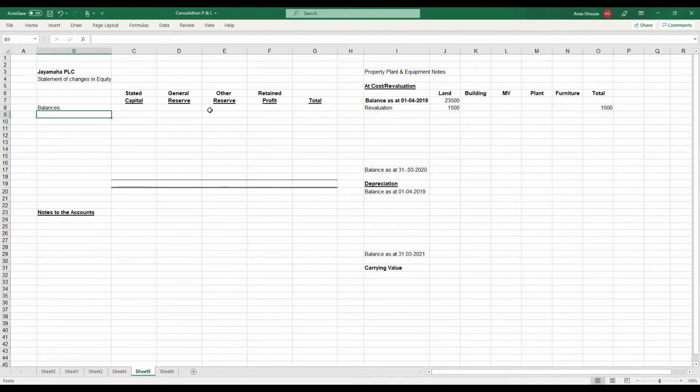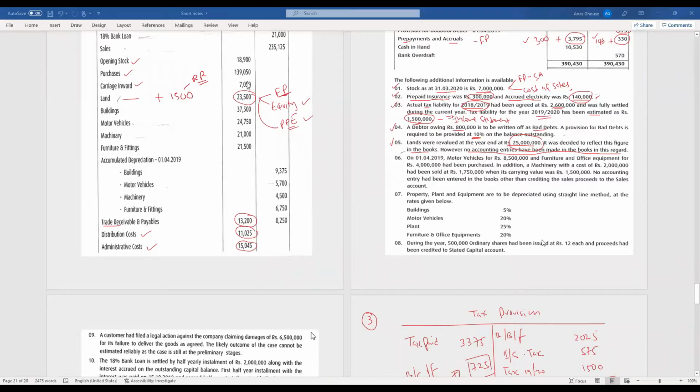We can take revaluation of land. Here we have other reserves. We can change it to revaluation reserve, 1.5 million, and the total also 1.5 million. Okay, for the time being, we'll update these sections with regard to that note number 6.